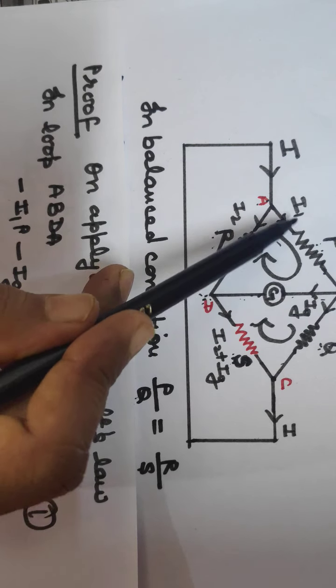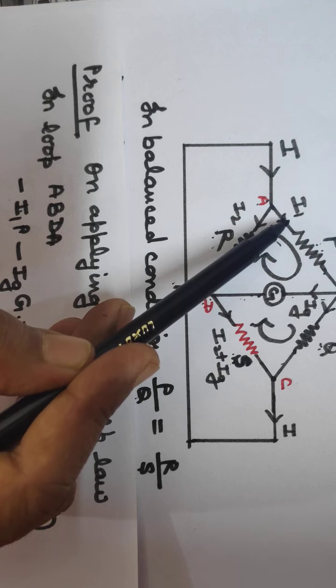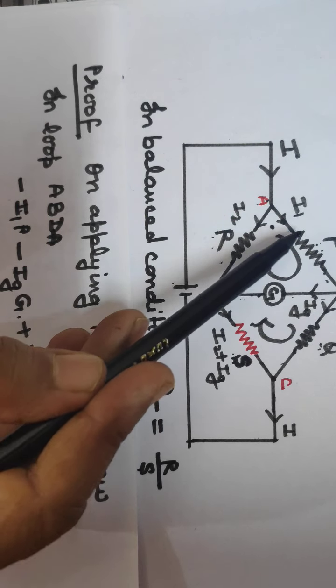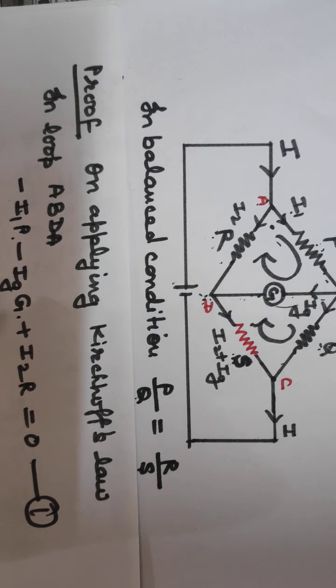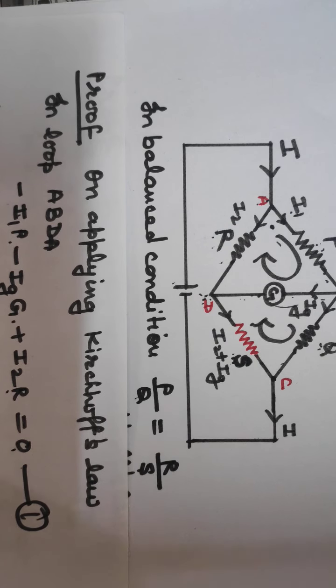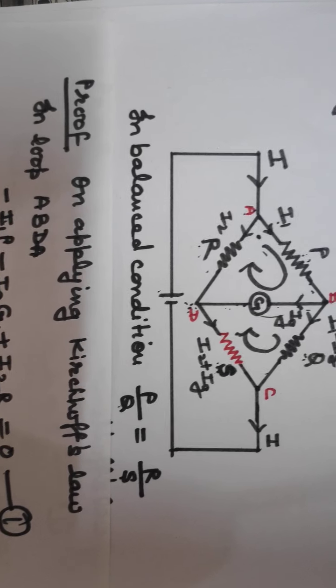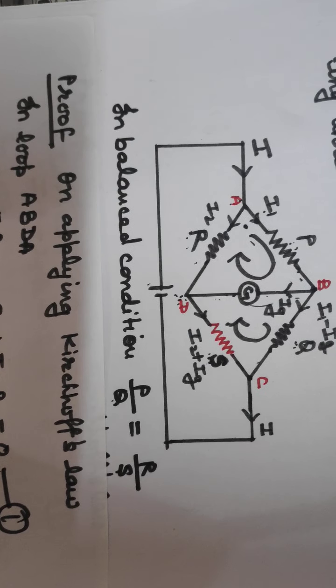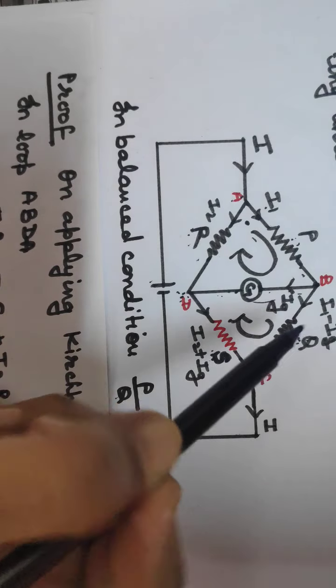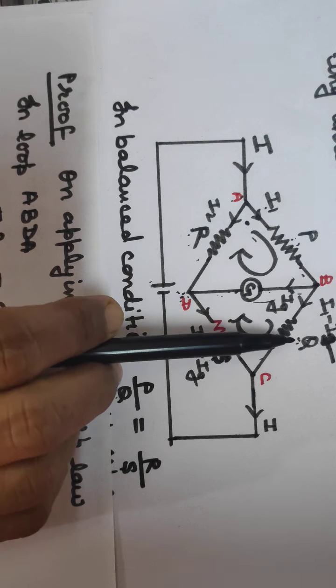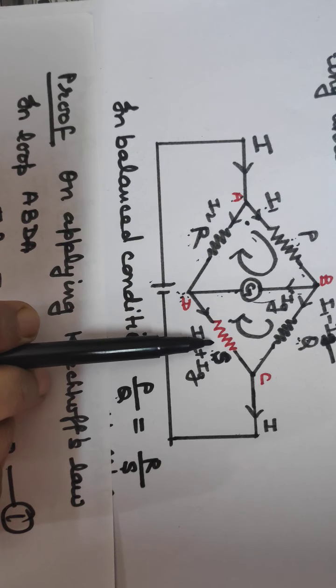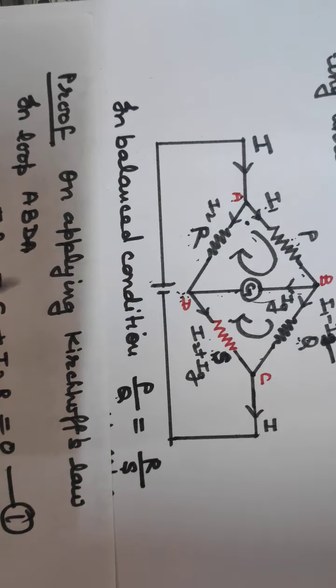In clockwise, when we move in this loop from higher to lower, it will be negative I1P. So minus I1P, similarly minus IG G, plus, lower to higher, I2 R equal to 0. Okay, next in loop B, C, D, B, so I1 minus IG into Q, that will be negative, this is positive, and this one is also positive.